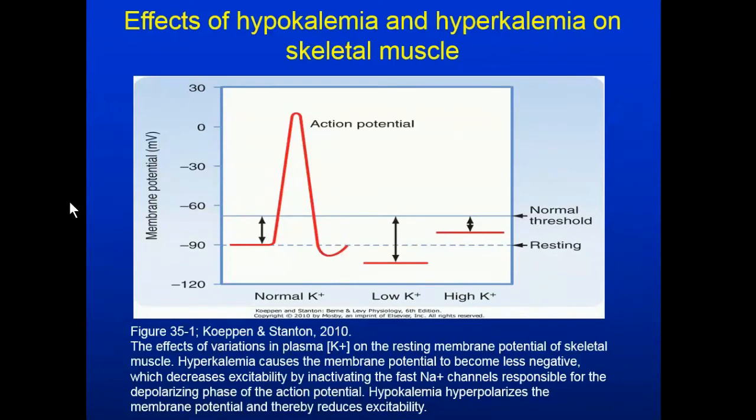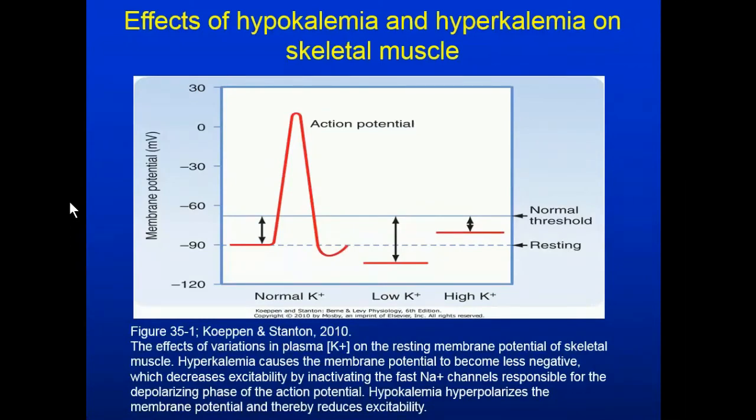Since the diet usually contains adequate amounts of potassium ion, hypokalemia is usually due to losses of potassium ion from the GI tract or by the kidneys. Persistent vomiting or diarrhea, or the use of loop or thiazide diuretics are frequent causes of hypokalemia.